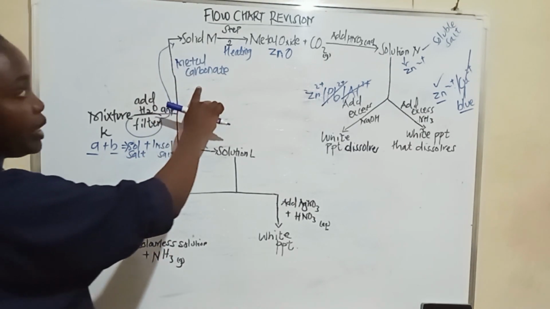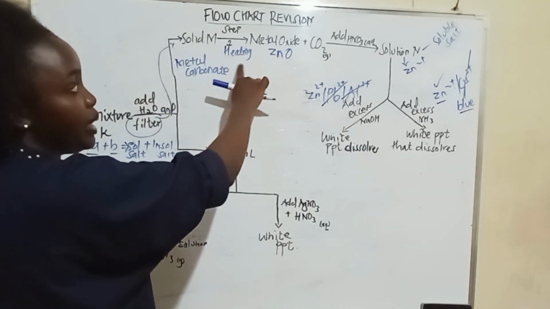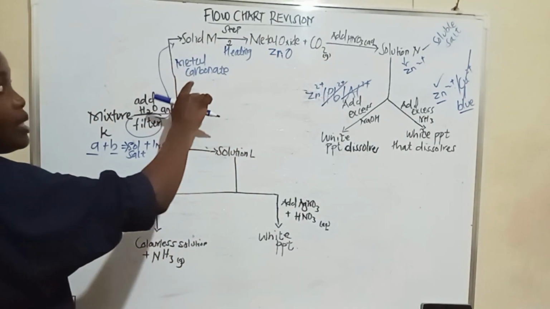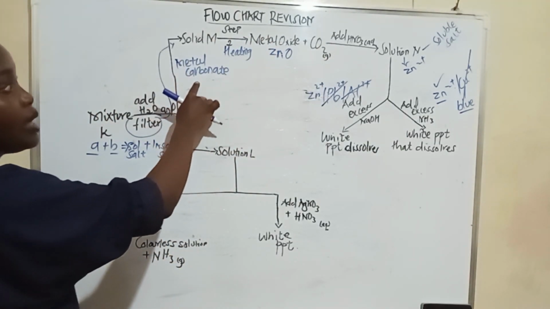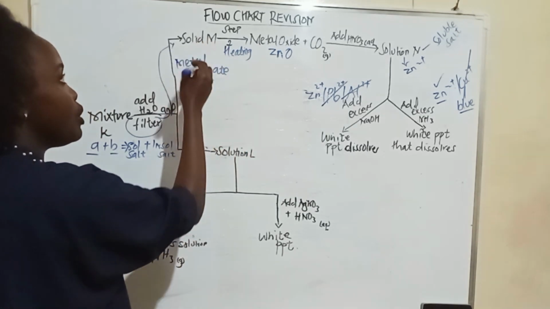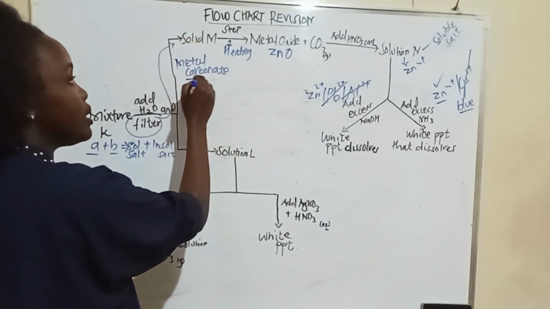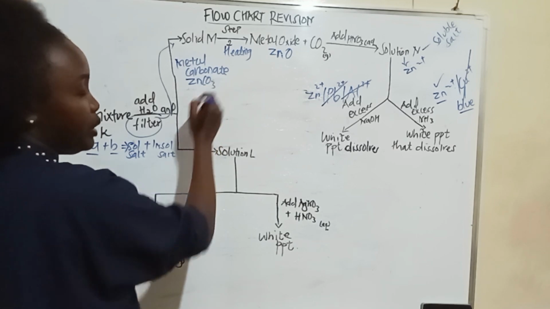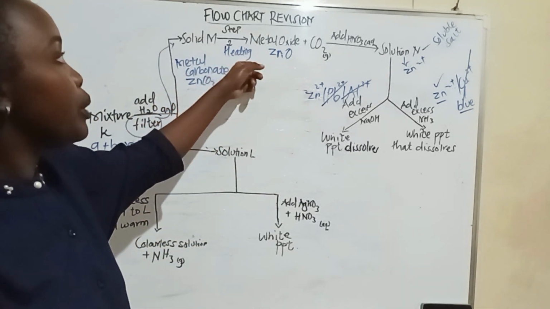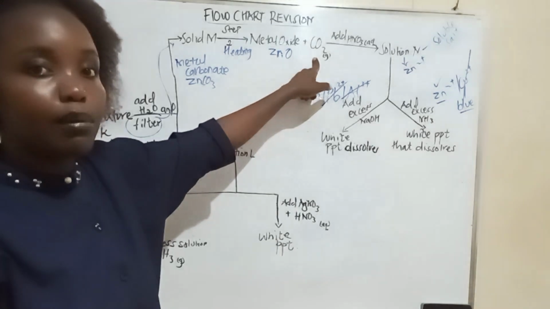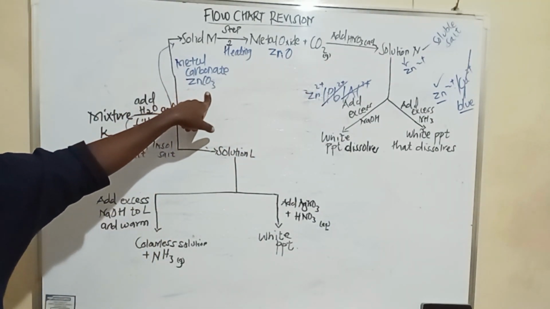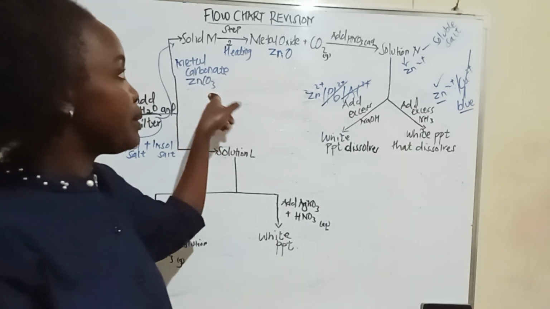This metal carbonate, you heat it to get your zinc oxide plus carbon 4 oxide. Then the metal carbonate that was here was a metal carbonate of zinc. So our solid M was what? This solid M was zinc carbonate. So you heat the zinc carbonate to get zinc oxide plus carbon 4 oxide. The carbon 4 oxide is being emitted because of the carbonate present here.